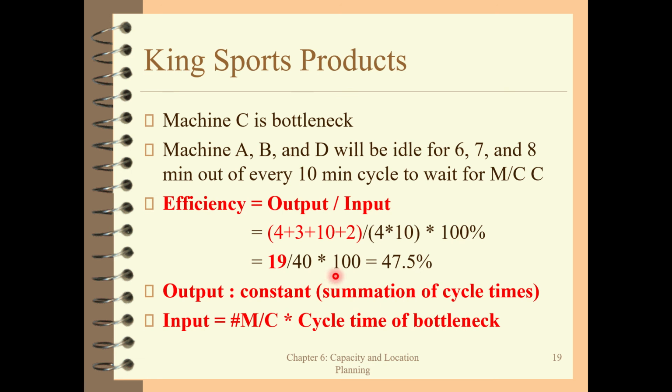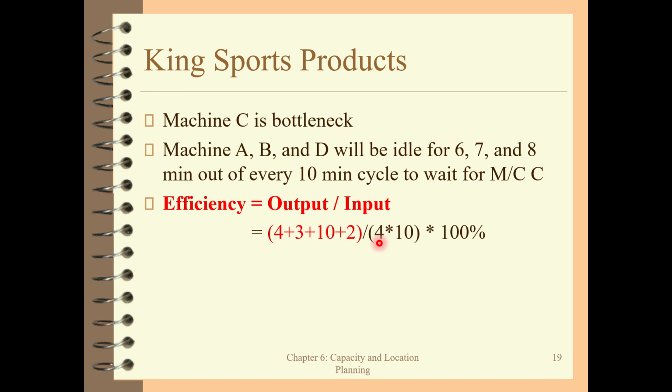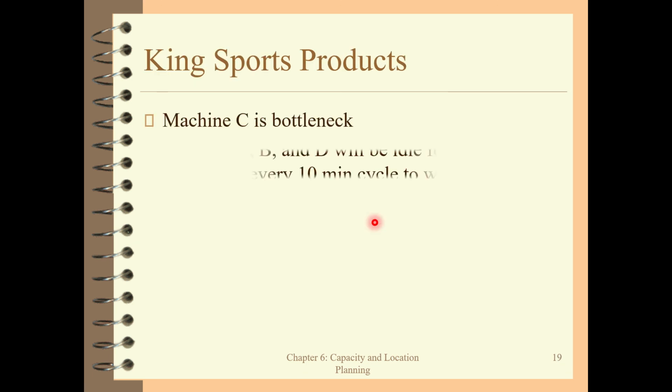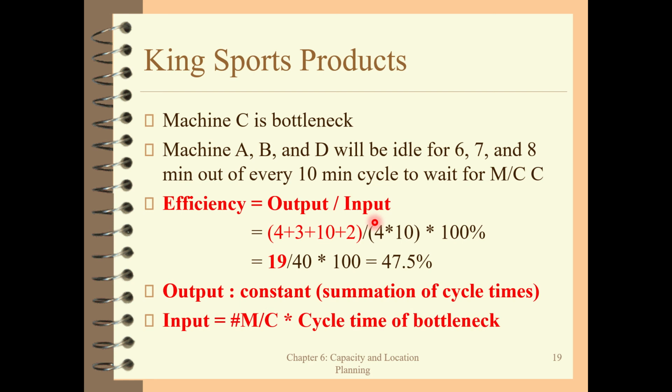In this case, the number of machines is 4, 1, 2, 3, and 4. And the cycle time of the bottleneck is 10. So in this case here, the efficiency of the line is equal to 47.5%.